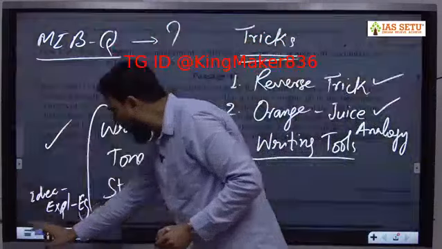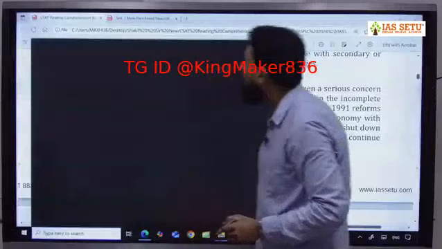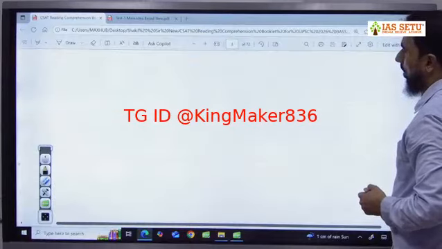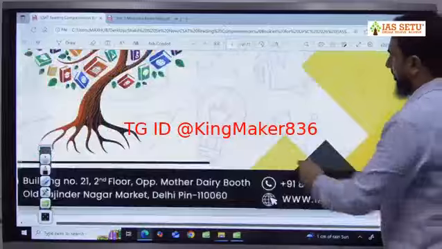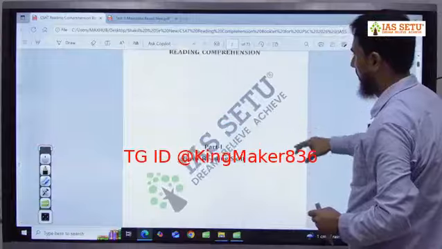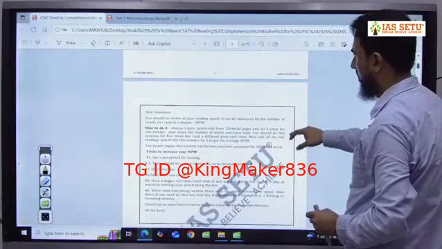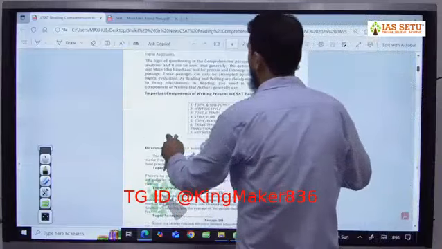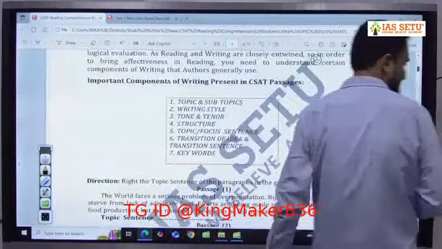Let's go to the booklet. In the beginning part, on page number 4, this box is given.